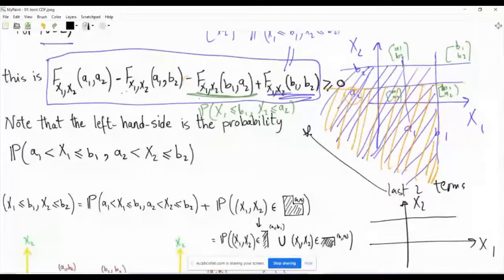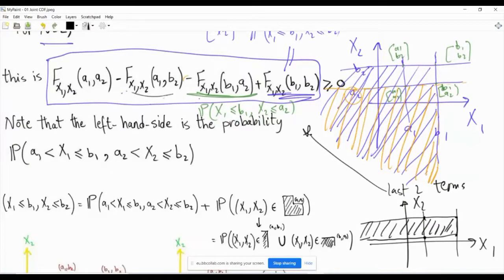Now we are talking about the probability that x1 and x2 are in this region, and this is a1, this is a2, and so on. Again, because we started with the probability that x1 is less than b1, x2 is less than b2, and then we subtracted this probability here that x1 is less than or equal to b1 and x2 is less than or equal to a1.